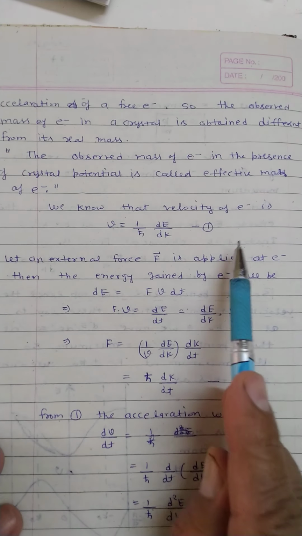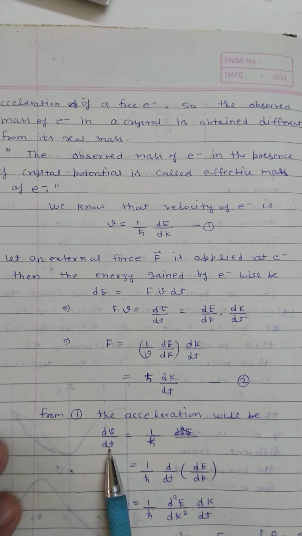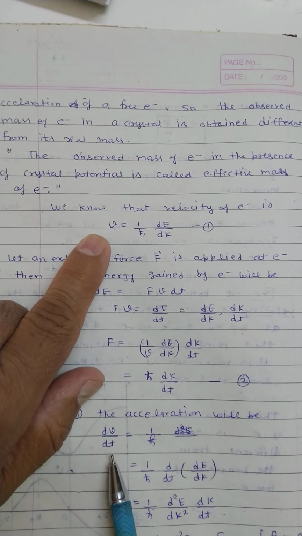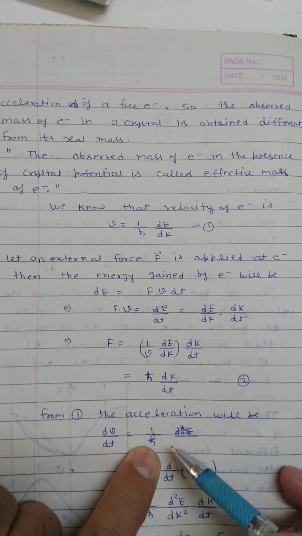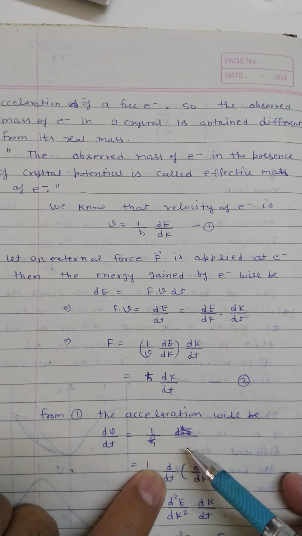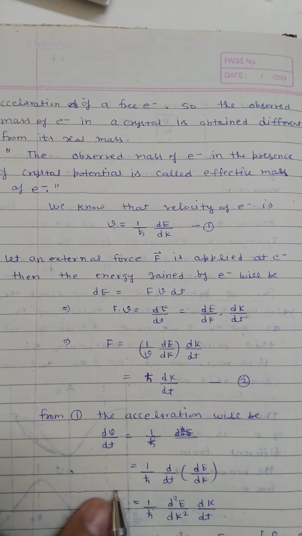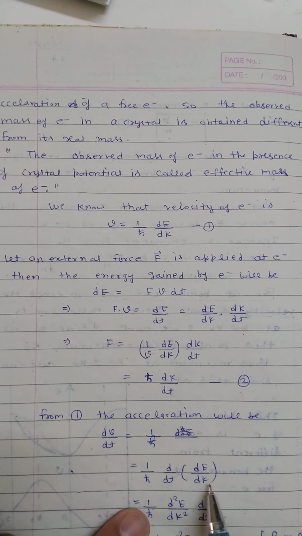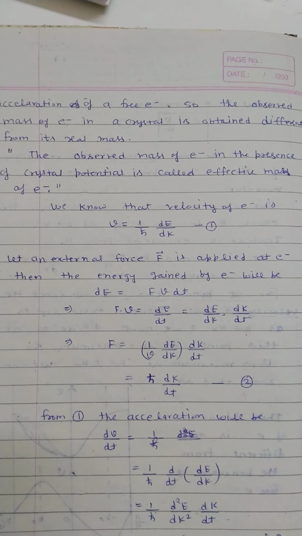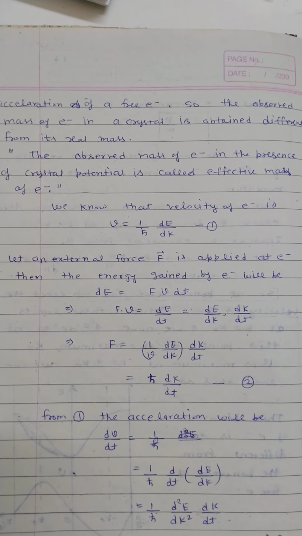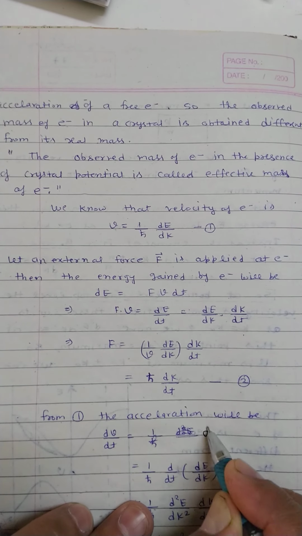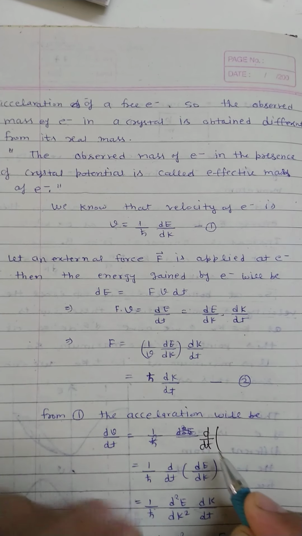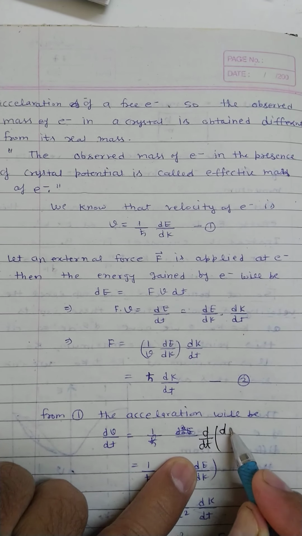Now again from this first equation, dV upon dt, that is the rate of change of velocity, will be 1 upon h cross d by dt of dE by dk.